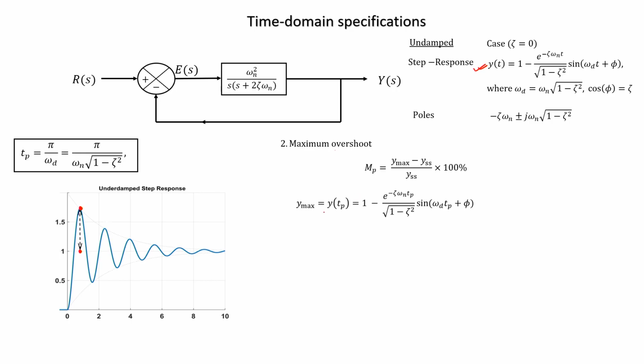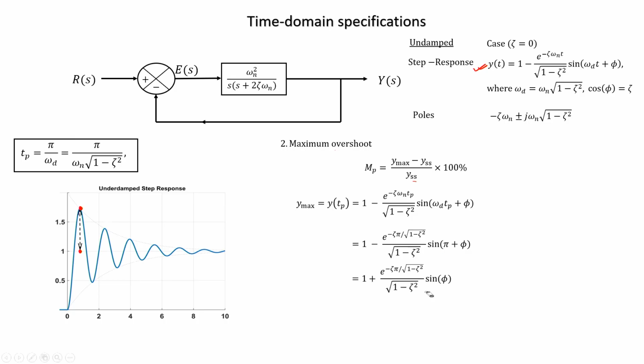So, if you find out what is y max equal to y of Tp, because that is the value of the output at the point t equal to Tp. At the peak time, whatever value you have, that is your maximum value. So, y(Tp) equal to, I just write down this, and then you know what is omega d Tp. From here you see omega d Tp is nothing but pi. So, this I can write as pi here.